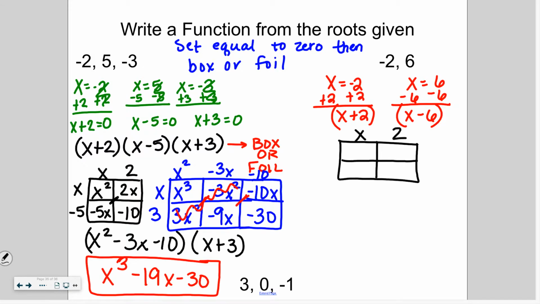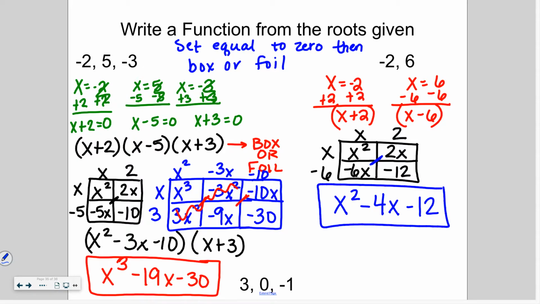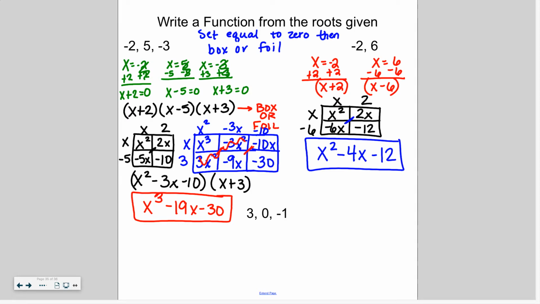So x and 2, x and -6. So I have x squared, I have 2x, I have -6x, and then I have a -12. Combine the two that are diagonal, x squared, 2 minus 6, negative 4x, minus 12. We're done.